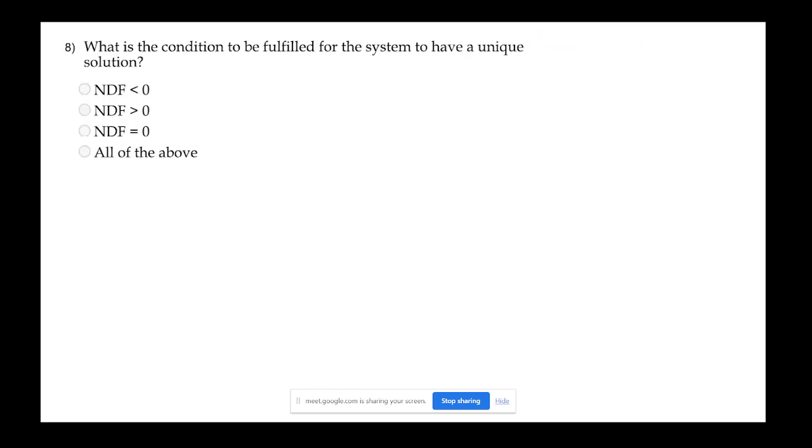Going forward with the next question, it is asking what is the condition to be fulfilled for the system to have a unique solution? This condition we had already written, so let's write it again. For NDF equals 0, you have a unique solution because the system is completely defined.